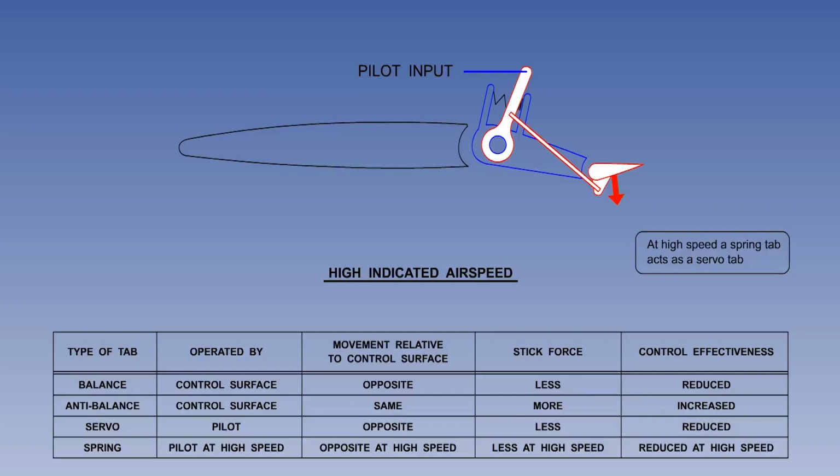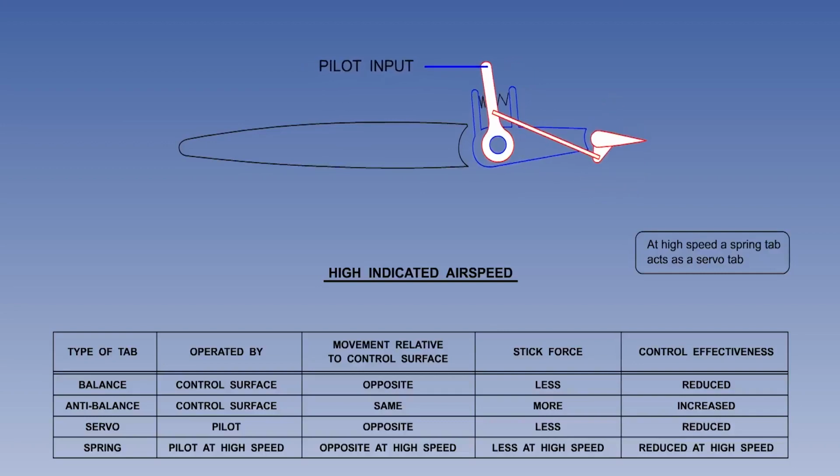Compression of the spring makes the spring tab move in the opposite direction to the control surface, so the hinge moment, stick force and feel is reduced. The higher the IAS, the greater the spring tab deflection and the more assistance the spring tab provides.